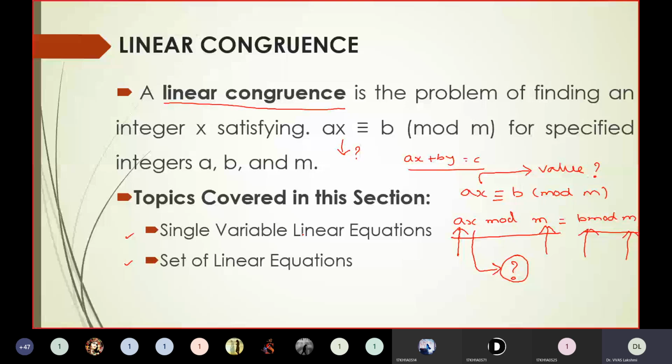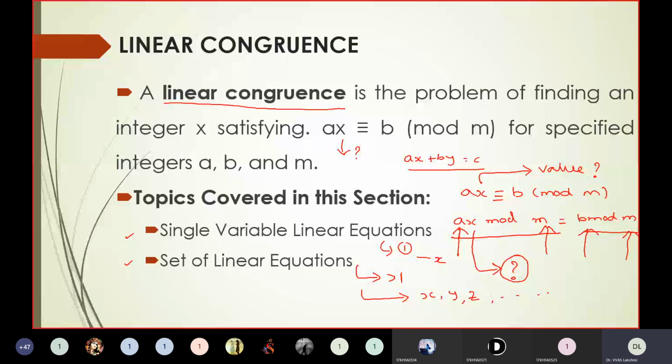Here we are going to solve more than one equation. For a single equation, there is one unknown value, that is x. Whenever we work on a set of linear equations, we calculate x, y, z and so on.